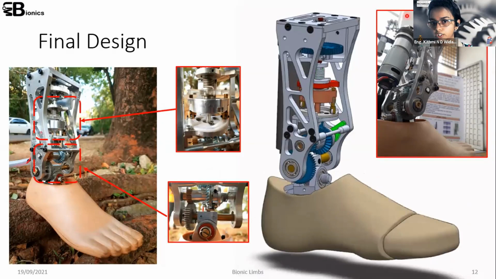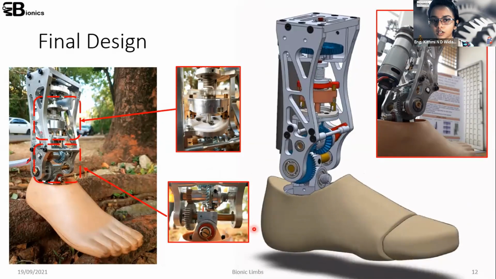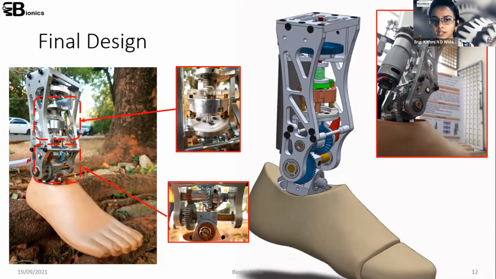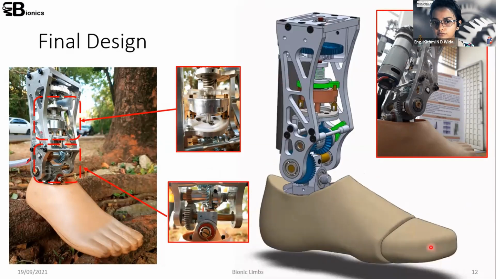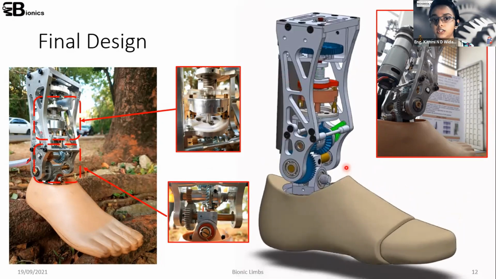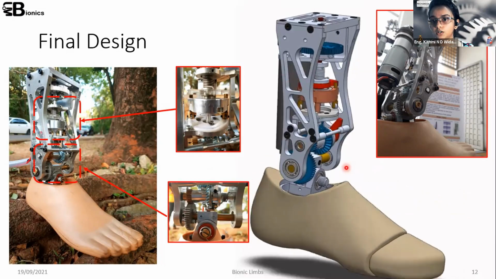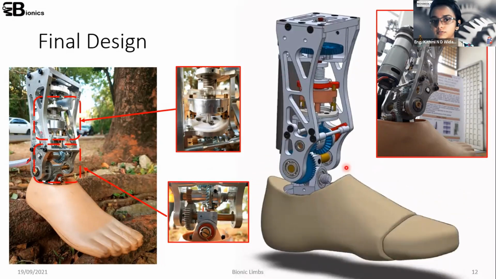So we have used the motor over here, and you can see the animation shown here is made using SolidWorks. So we actually got a lot of use by using SolidWorks to get a graphical representation of our design.